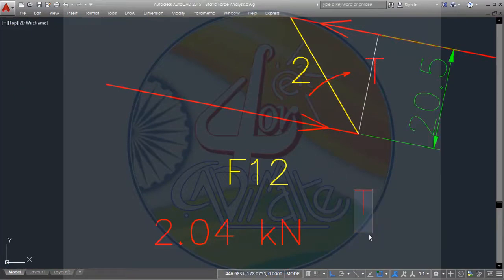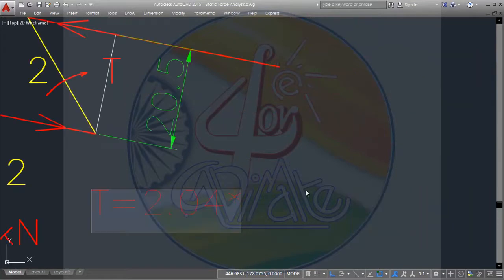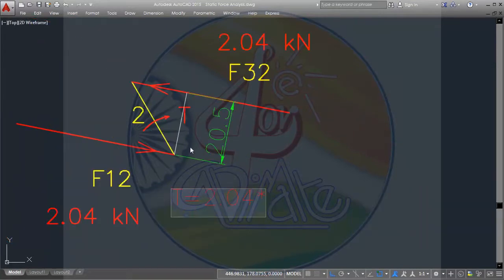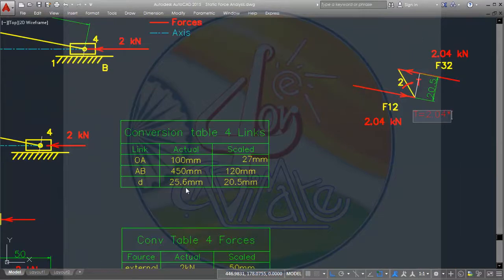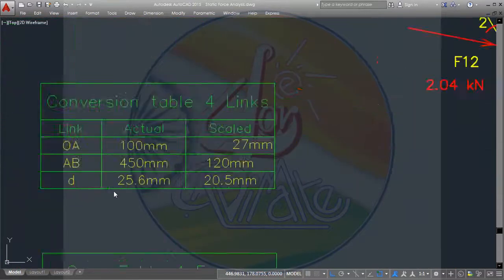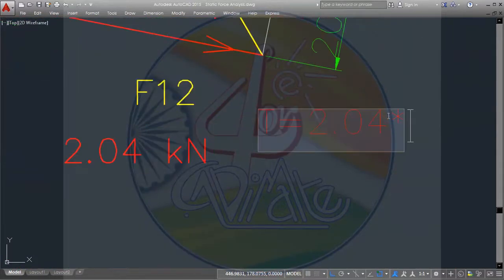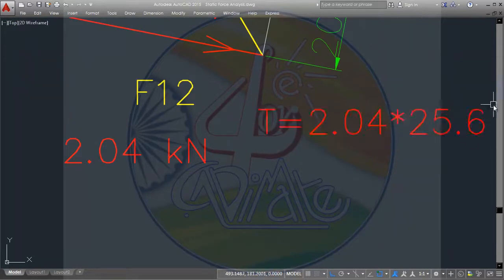So torque will be equal to force, that is 2.04 into perpendicular distance. Perpendicular distance is how much? 25.6. Now this is in kilonewtons, this is in mm. Kilo and milli will cancel.